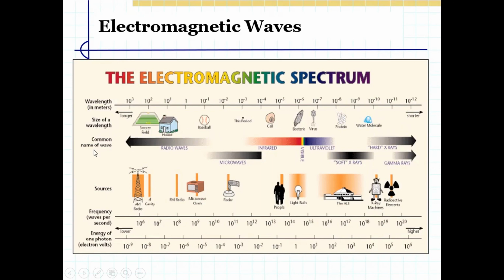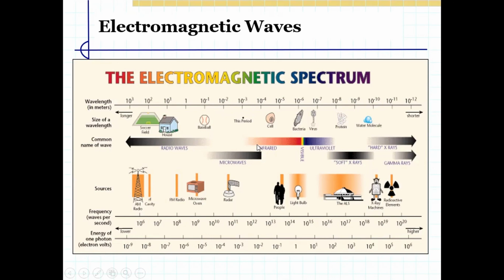The wavelengths. The common names for the wavelengths of electromagnetic radiations: the spectrum from 10 to the power 3 to 10 to the power minus 1 is roughly termed as radio waves. And then comes the microwave region, which is 10 to the power minus 1 to 10 to the power minus 3, to 10 to the power minus 4.